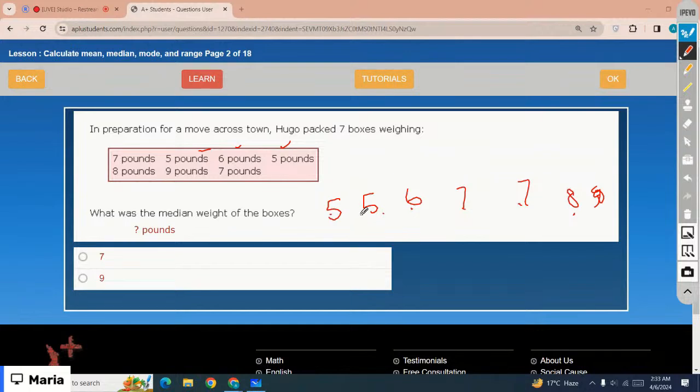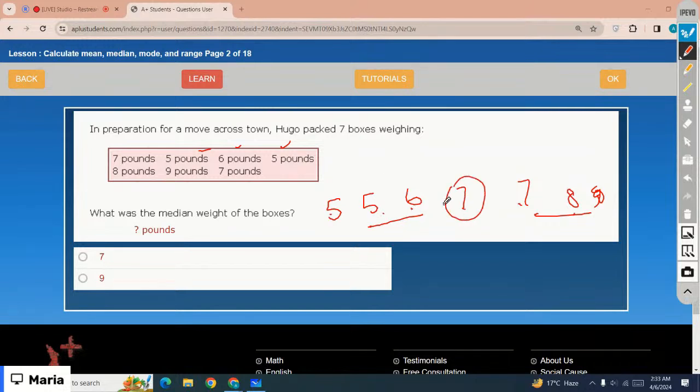So the median is the one that divides the numbers into two equal groups. Before the median, you have all the numbers that are less than 7, and after the median, you have all the numbers that are greater than or equal to 7.